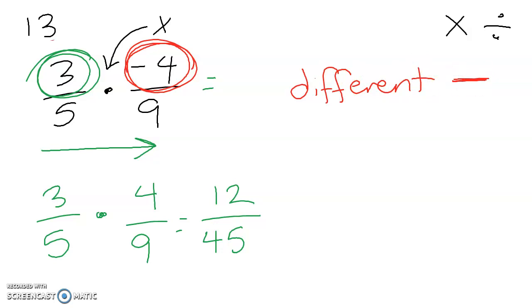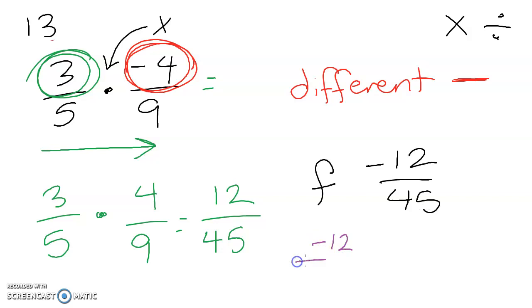My final answer for part F is negative 12 over 45. A note about notation with this though, if you wrote a negative 12 over 45, that actually means the same thing as negative 12 over 45. Those mean the exact same thing, so it doesn't matter how you write it.